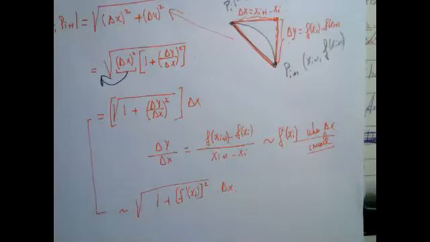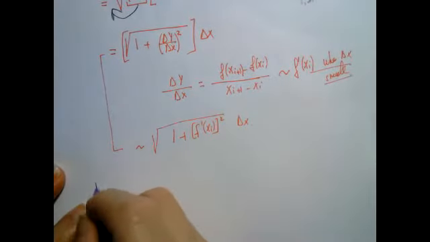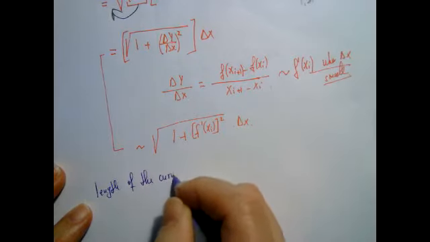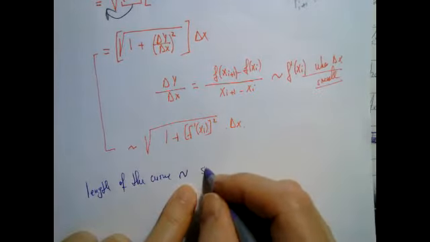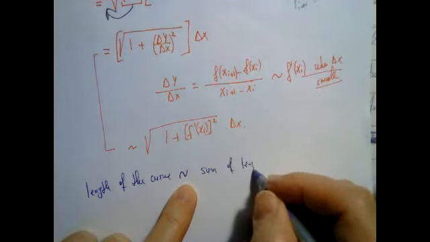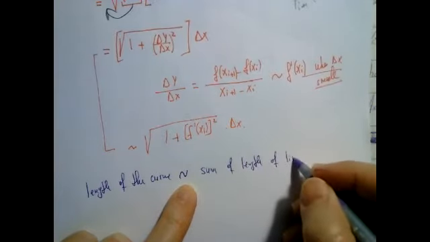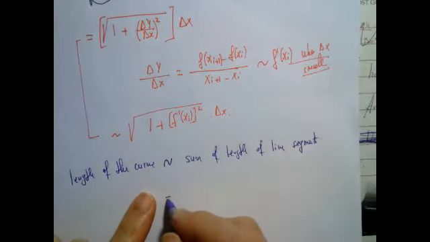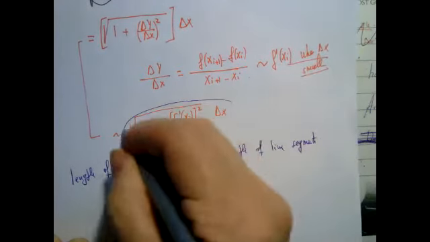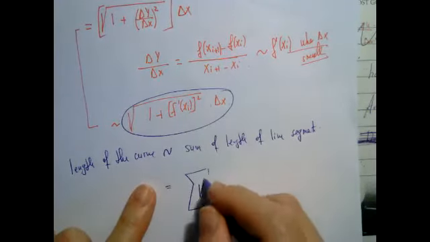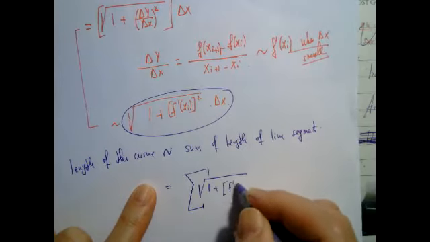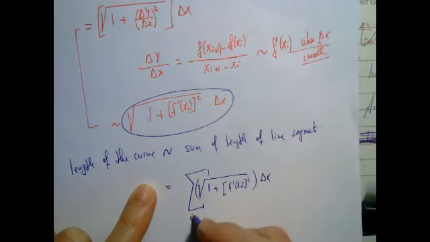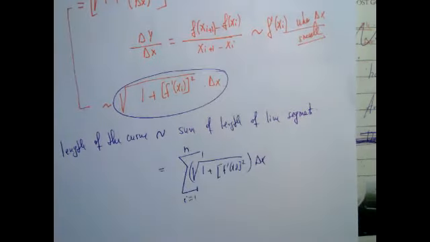So now the length of the curve is almost equal to the sum of the lengths of the line segments, which is the sum of the square root of 1 plus f prime of x_i squared, delta x, from 1 to n.